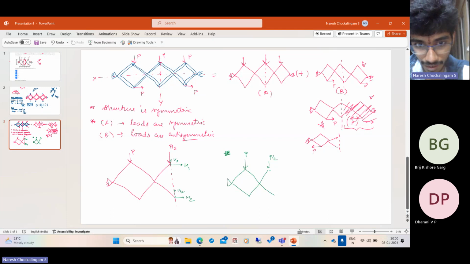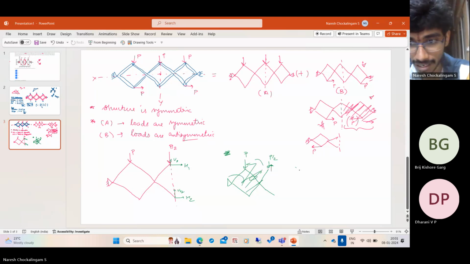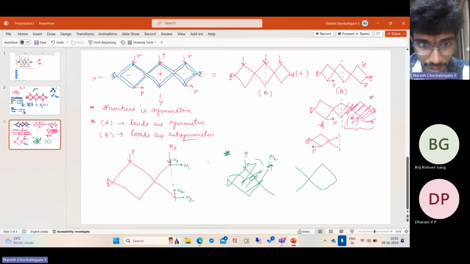And on the other half of this structure, you have something like this. So if V1 is upwards on this half, V1 has to be downwards on the other, and likewise V2, and the horizontal forces are in the other direction, H1, H2. And you have the same loading, P and P/2.